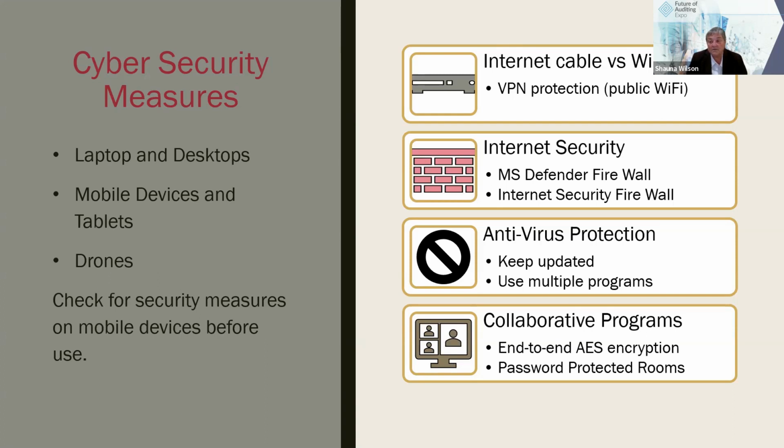And always do password protections in your audits to ensure that you secure the data that you're looking at from the client side. Okay, so this is the minimum security measures you should have on any of the devices that you're using. And look for the manufacturer's requirement or recommendation for drones, for tablets, any of those things. Most of these things will work on a tablet as well.